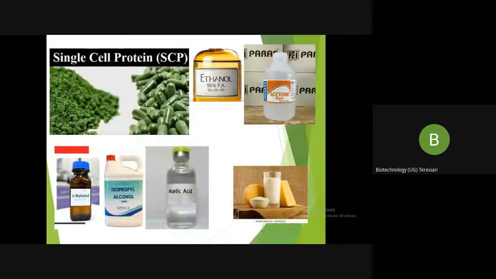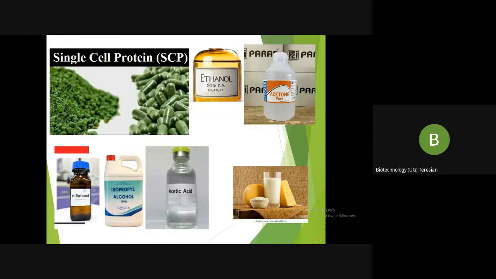So what are the applications of continuous fermentation? It has a lot of applications. For example, it is used in single cell protein production, and ethanol, acetone, butanol, isopropanol, acetic acid. These can be produced from sugar, starch, molasses, cellulose. Many raw materials can produce what I told you, single cell protein or ethanol, isopropanol.